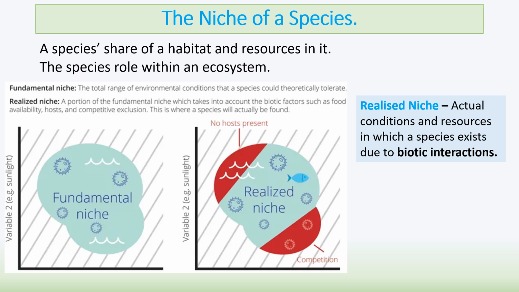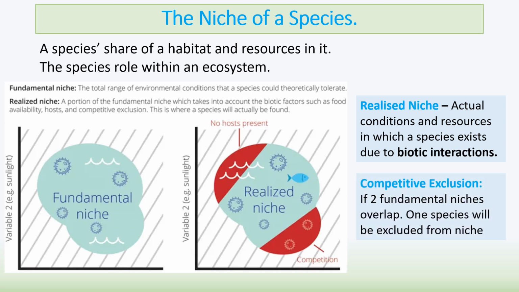And there is something called the competitive exclusion principle. And this is the idea that if two species have two niches that overlap, one species will be excluded from that, possibly to the point of extinction, but excluded from that niche.